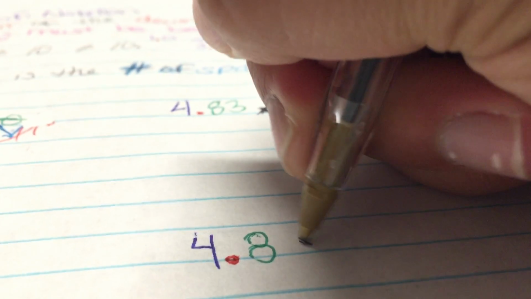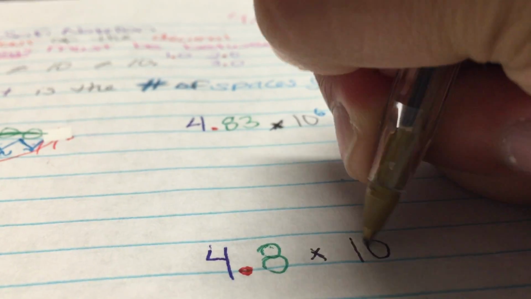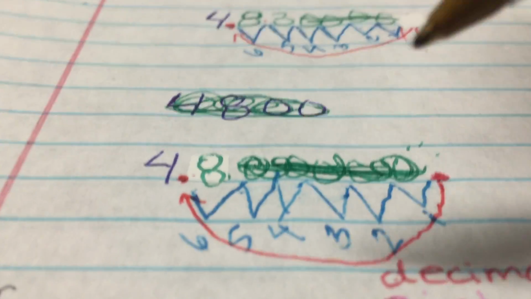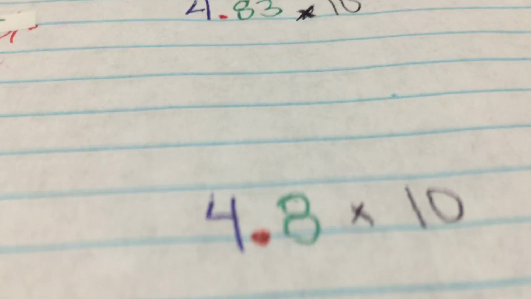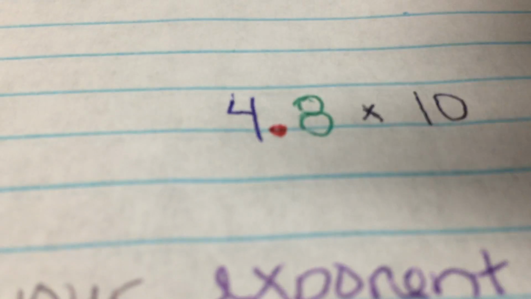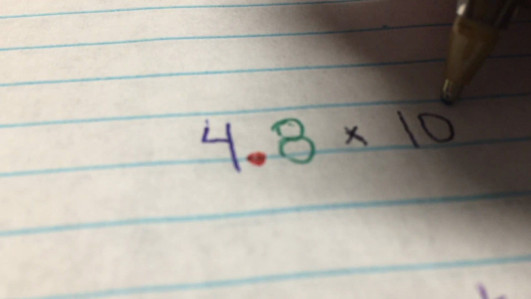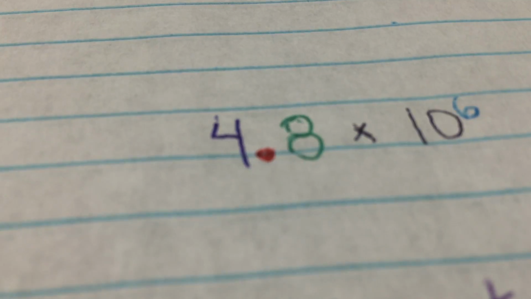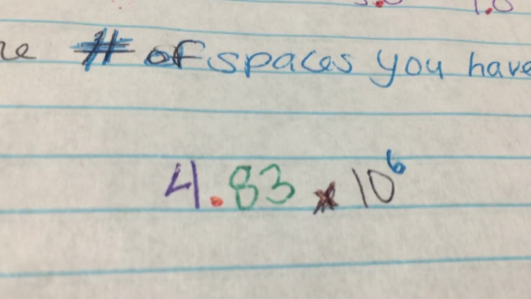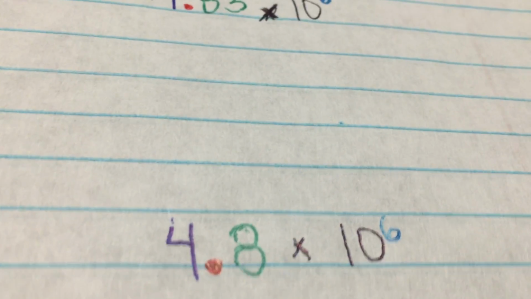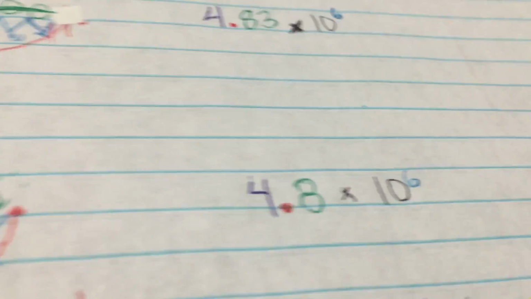So we're gonna add our multiplication sign, we're gonna add our base 10, and remember that we moved 6 places. So we're gonna make another superscript, a little 6 right here, and that is our answer. So same amount of spaces, but different number. Notice that.